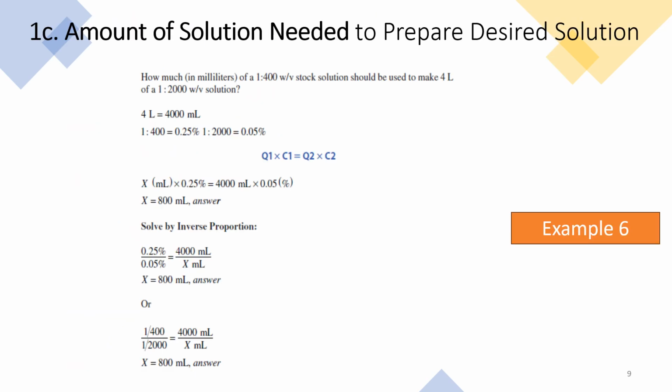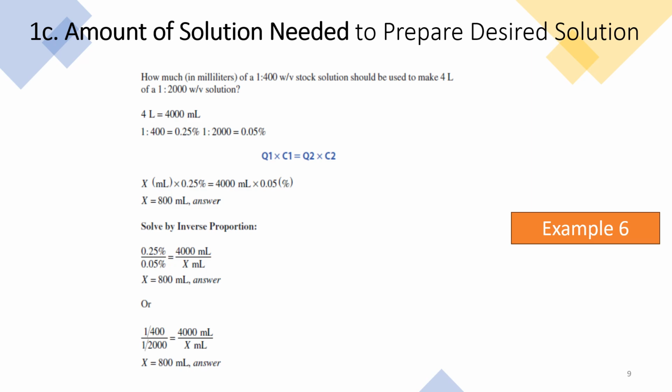In this third subsection under the first learning objective, they want you to identify the amount of solution needed to prepare the desired solutions. In this subsection, you determine the amount of the Q1 or C1 of the solution. Basically, in this question, both pieces of information are provided in ratio form.